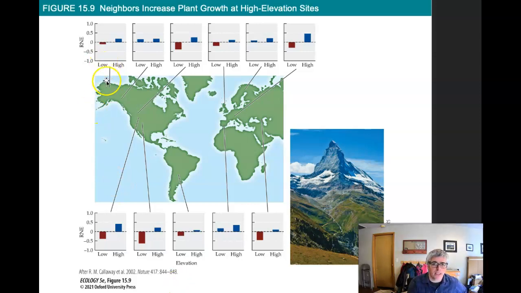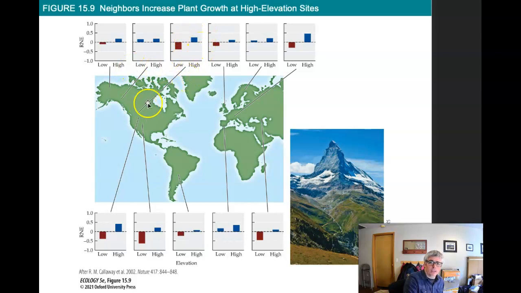And so here we're looking at different locations, both high and low elevation. And here the REN, the relative nearest neighbor, was generally positive at high elevation sites and generally negative at low elevation sites.